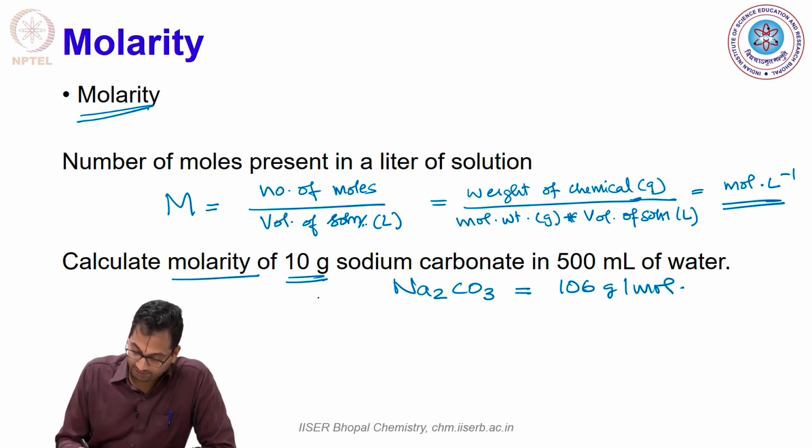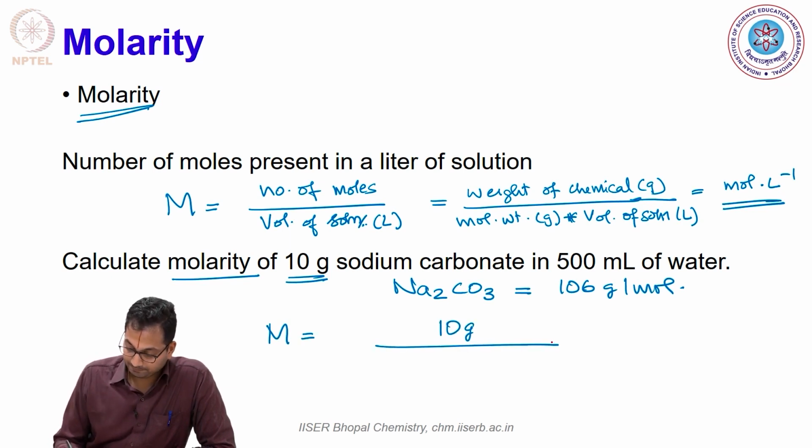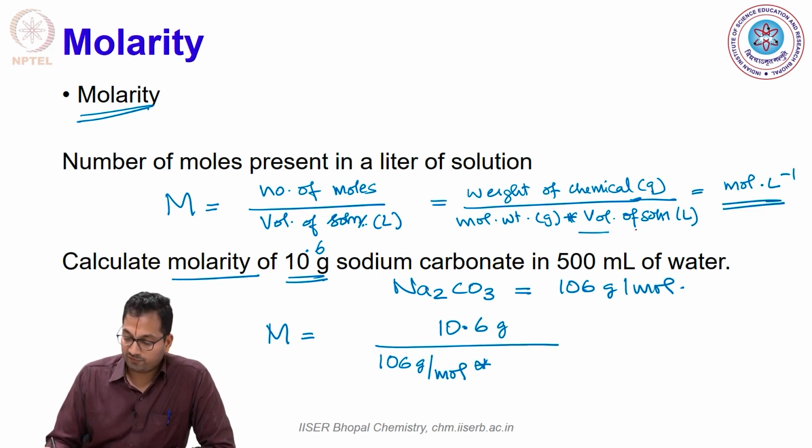and we have 10 grams of it. So the molarity is now going to be given by 10 grams divided by 106 grams per mole. Just for the sake of easiness, let's assume we have 10.6 grams of sodium carbonate. That makes our math easier, times volume of solution in liters, and you have 500 ml of solution, let's say.